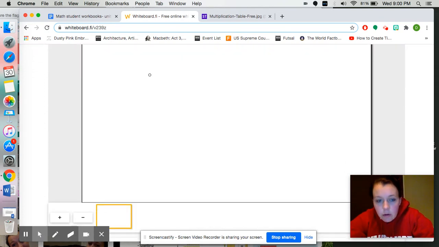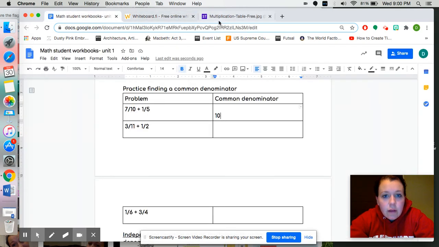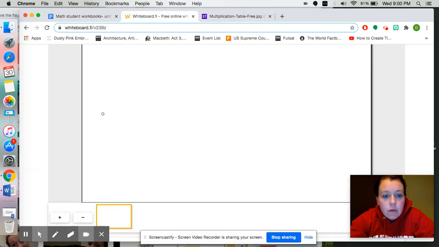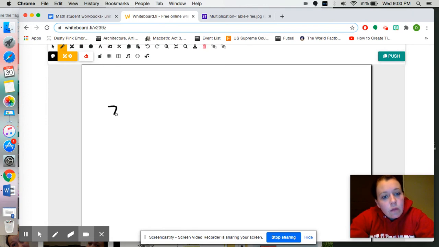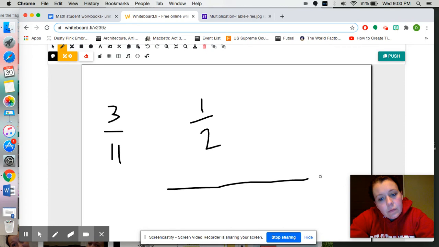So next, I'm going to do 3/11 and 1/2. I'm going to go over here to 3/11 and I'm going to put 1/2. The first thing I'm going to do is place my denominators in the table.